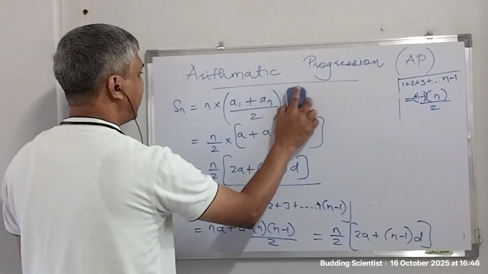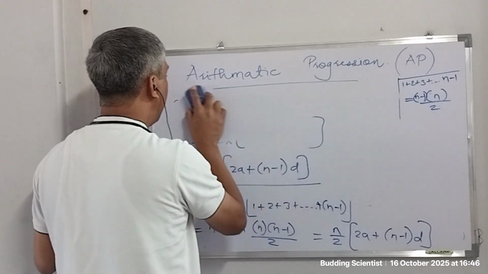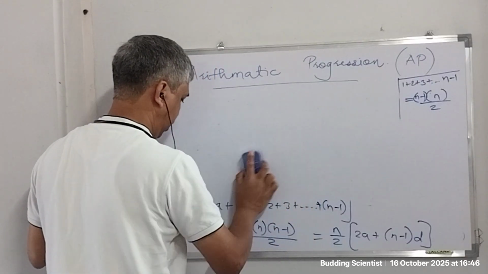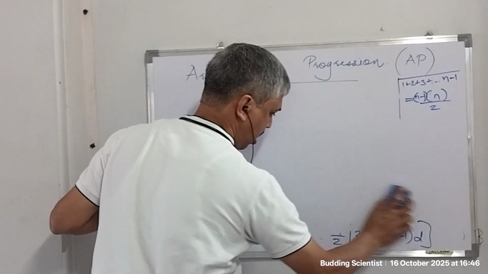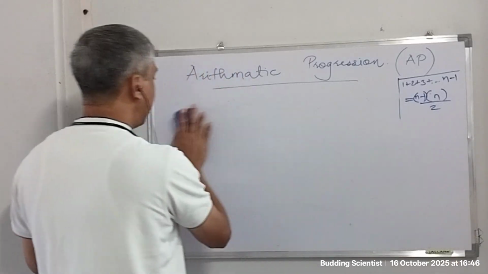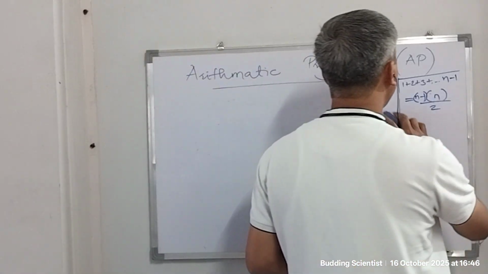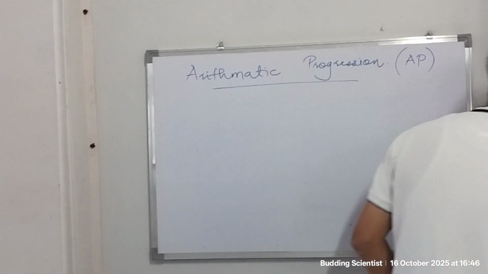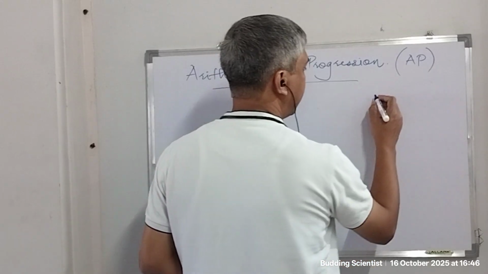Now if you know Sn, then how can you find out either a or d? So we have two important formulae here.